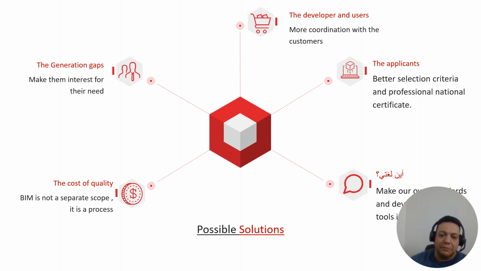So now, from my point of view, a possible solution is that it shall be planned from the tender, with the idea that BIM and digital twin is a process to control the project, not a separate scope. For the generation gap, we need to understand how this generation is thinking.